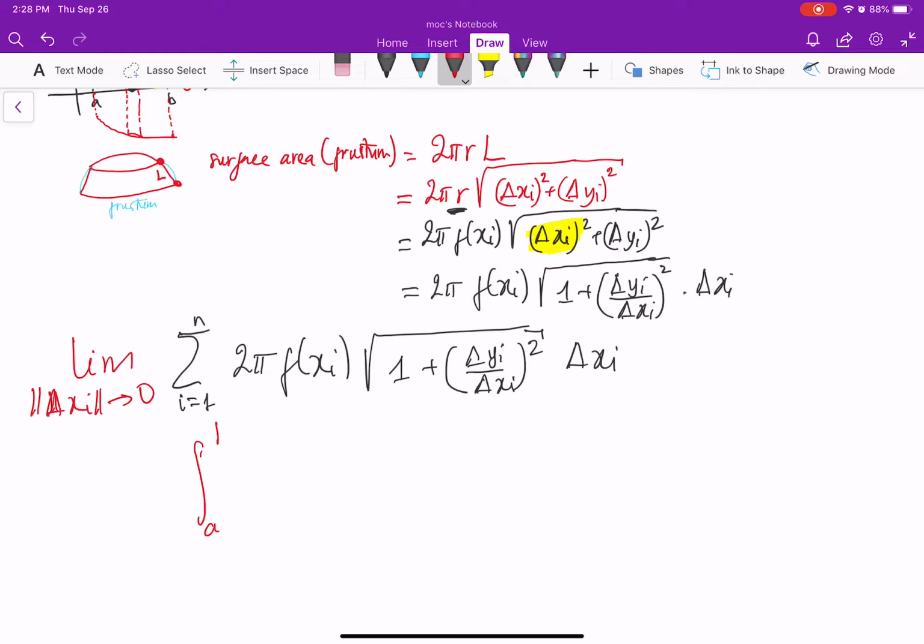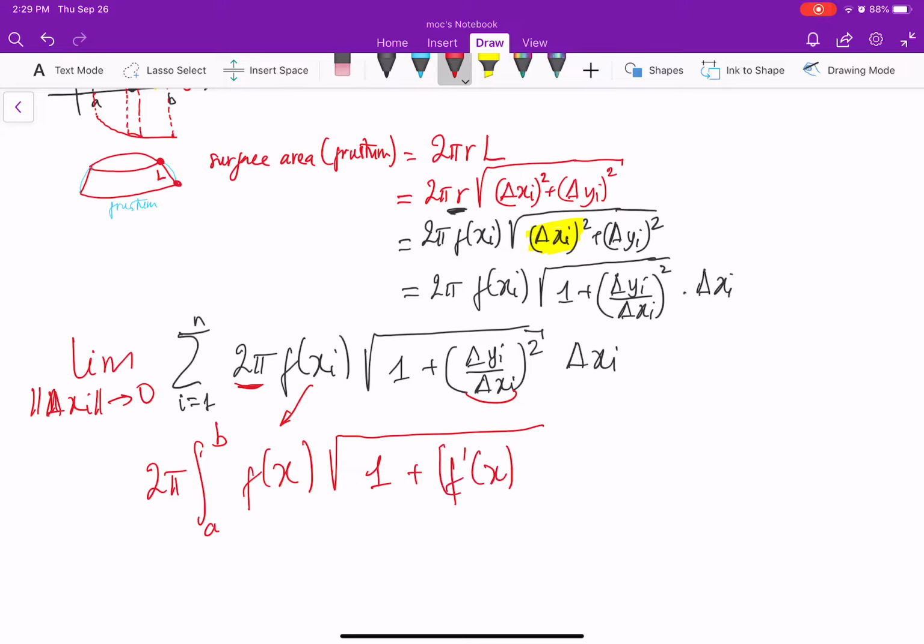The integral from a to b of 2 pi, because 2 pi is just a number, I can bring this out of the integral, times f of x, without the subscript i, sorry, just f of x, and then the square root of 1 plus, as we've seen in the video when we studied arc length, f derivative of x squared, dx.